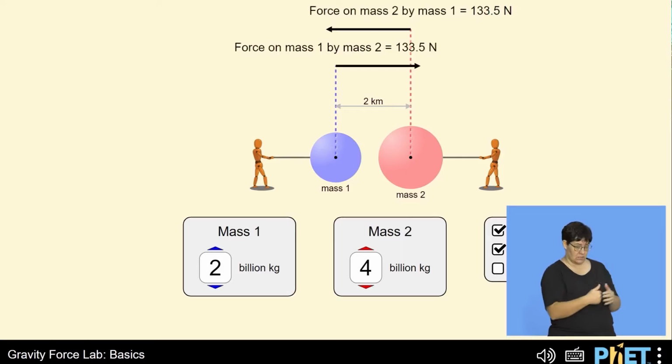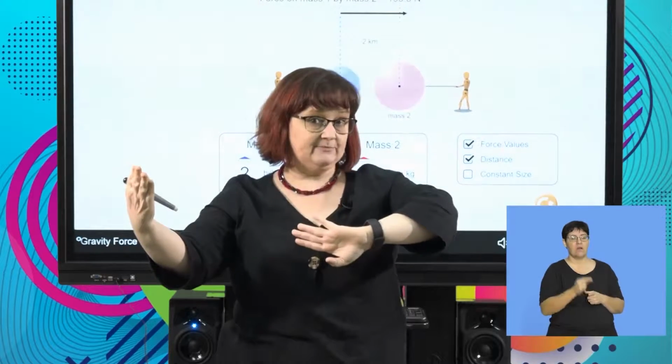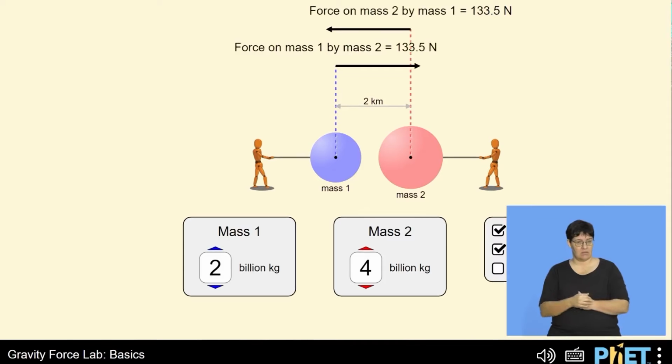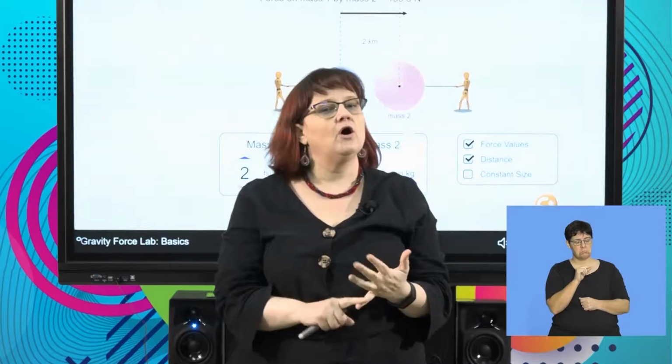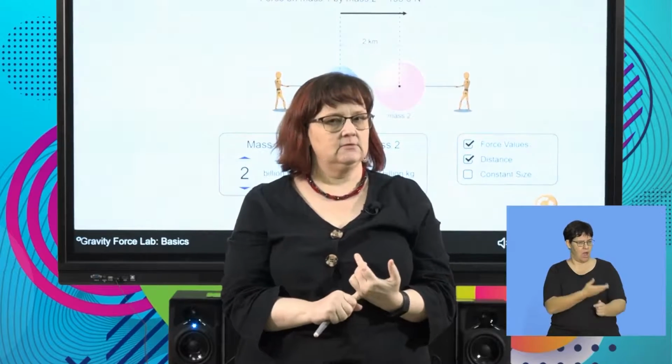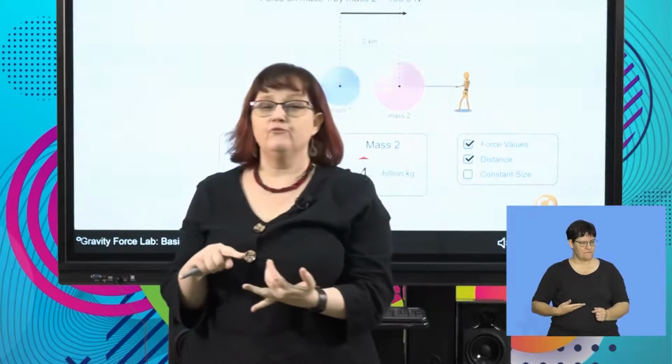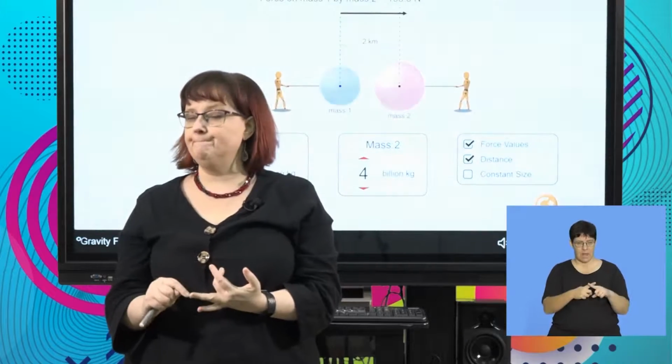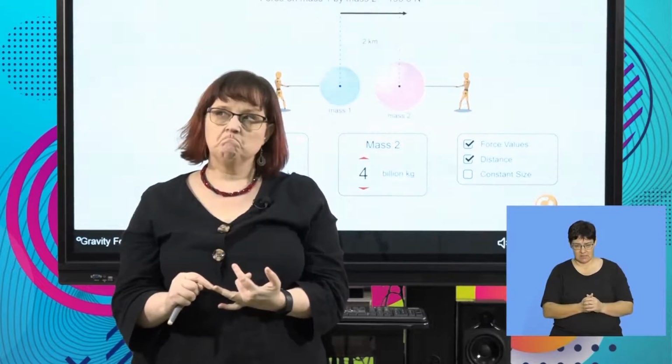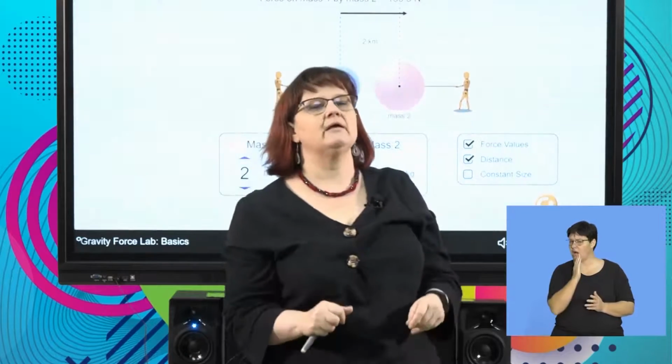Remember when I doubled the mass twice, we made the force 4 times bigger, which is 133,5. Well, I halved the distance, and it became 4 times bigger. Maybe there's a square involved.